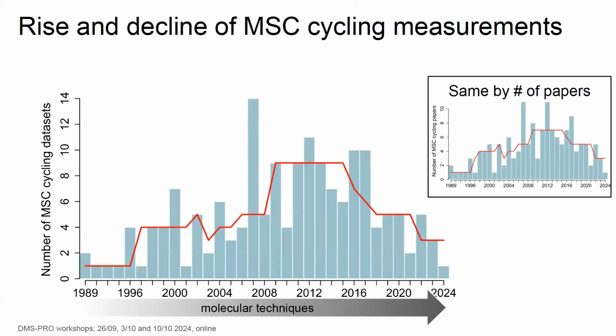Another reason for creating this group was the perception that there was a steady decline in the number of publications or the number of studies about these compounds, in particular studies where cycling rates were being measured. Last spring, we did a literature compilation in DMS Pro.